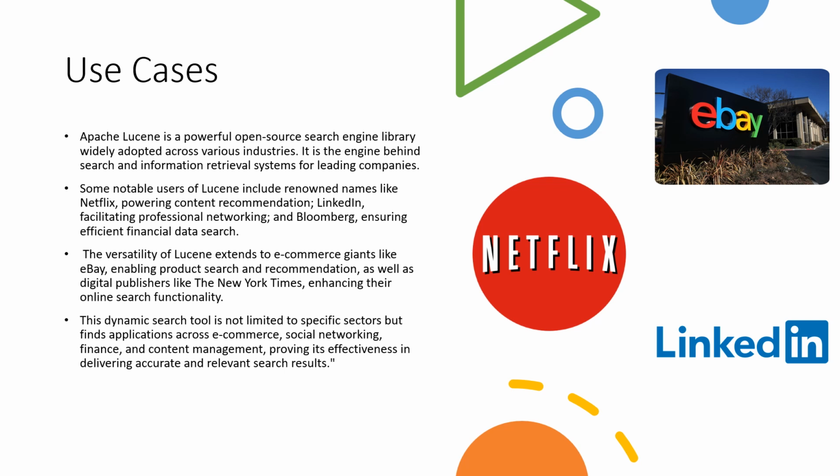The effectiveness of Lucene is not limited to specific sectors; rather, it finds application across e-commerce, social networking, finance, content management, and more. Its robust features and customizable capabilities make it an indispensable tool for delivering accurate and relevant search results across various domains.